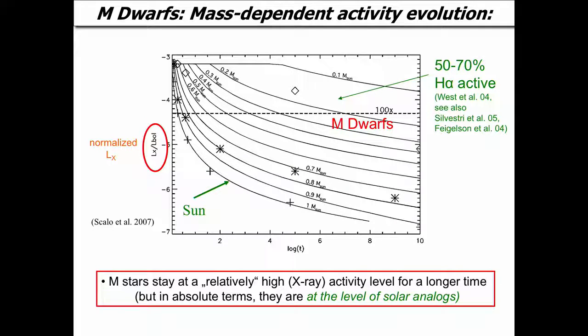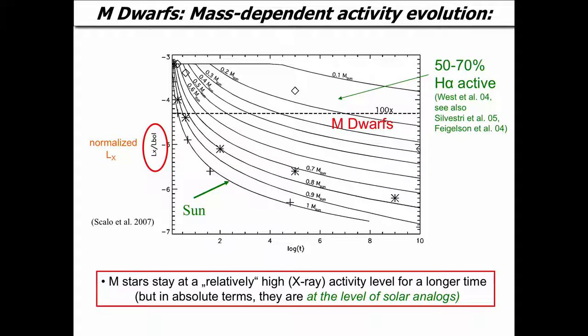We see that in terms of X-ray level, they are starting out with quite comparable levels. But M-dwarfs, especially the very late type M-dwarfs, stay at the initially high X-ray level for a much longer time, in contrast to solar type stars, where the X-ray activity level is going down quite quickly with time.